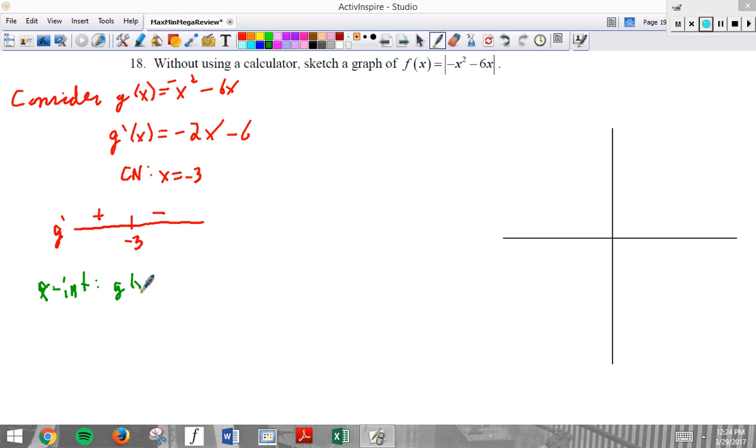G of x equals 0. Negative x squared minus 6x equals 0. X equals 0. Or negative 6. Yes. Y-intercept. Just for fun.